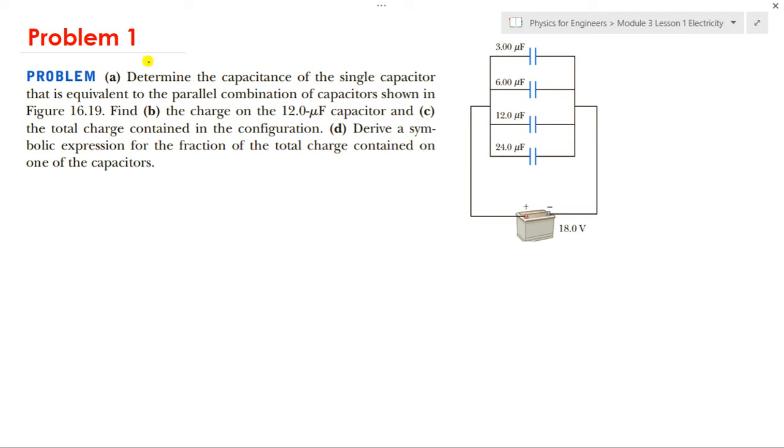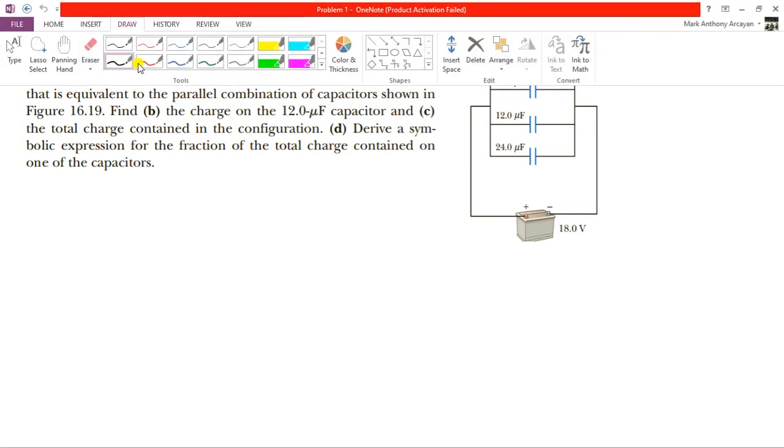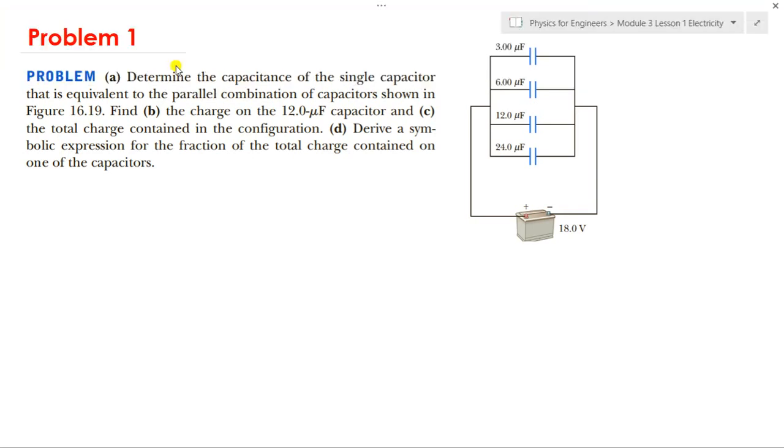Here, first, what is required is to determine the capacitance of a single capacitor equivalent to the parallel combination. That is the total capacitance. Second, the charge on the 12.0 microfarad capacitor, that is Q at 12 microfarad.